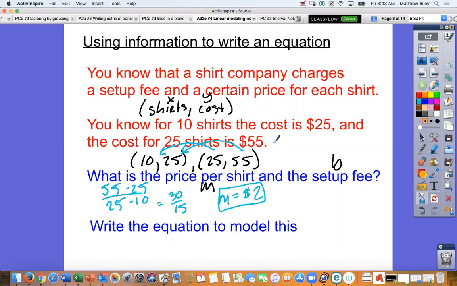I do not care how you do it as long as you show me, especially when we get back in person, your thought process. Or you could just write the equation. So I've got y minus 25 equals 2 times the quantity of x minus 10, distribute, add 25.